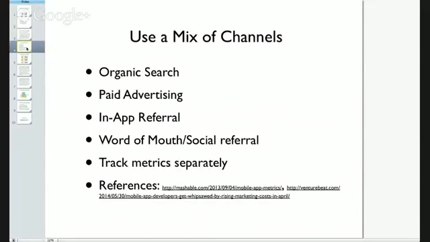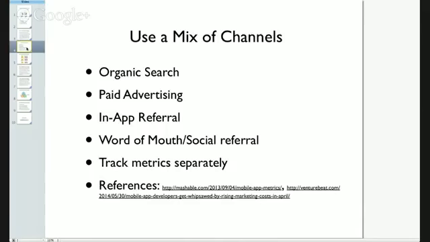And in-app referral is one of the most powerful and cheapest ways to generate new users. For example, if you have two games, one of the games can refer a user to the other game. It doesn't cost you any money, but it does need engineering.